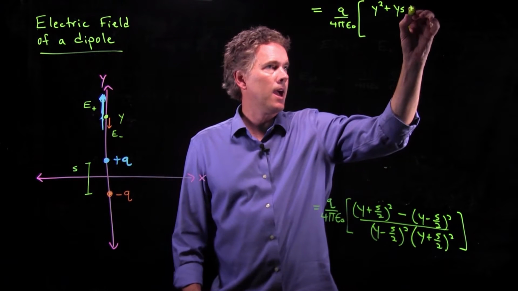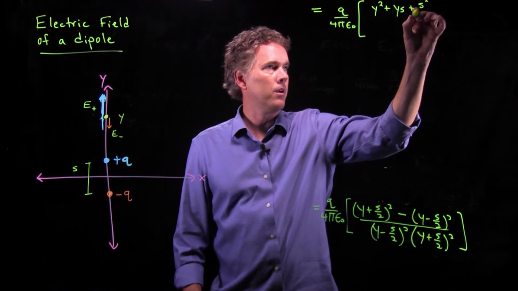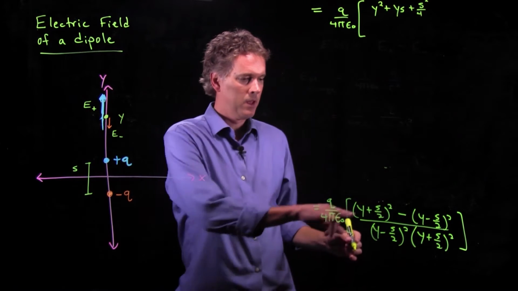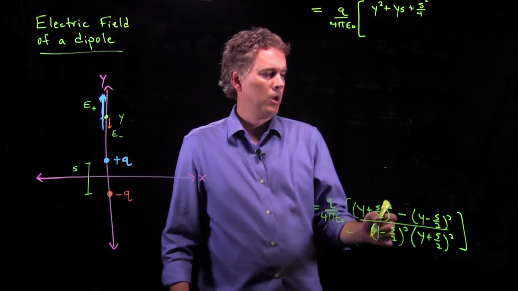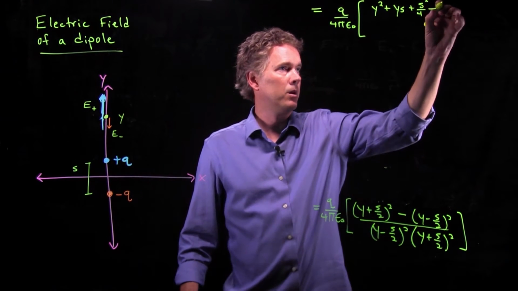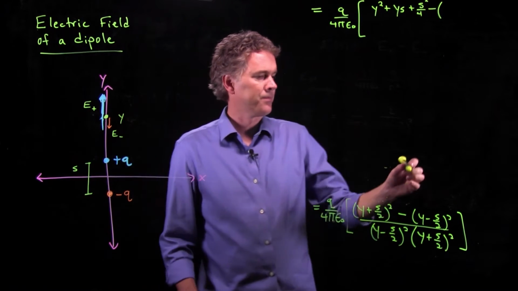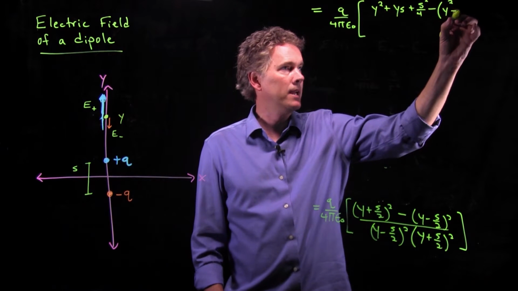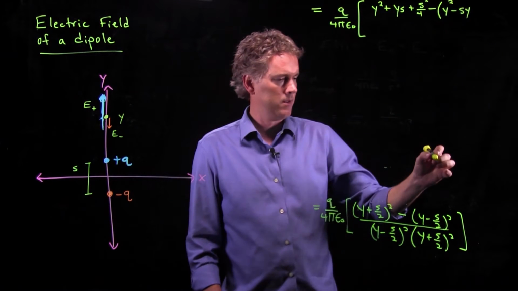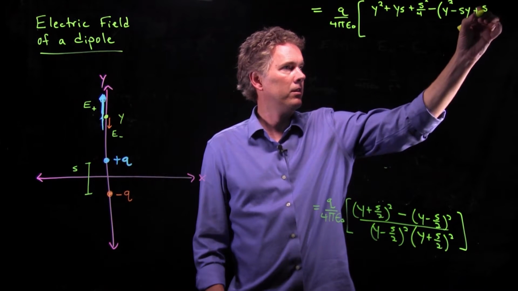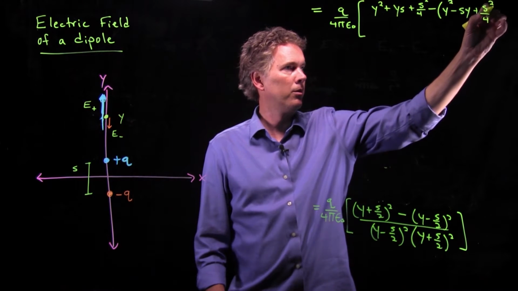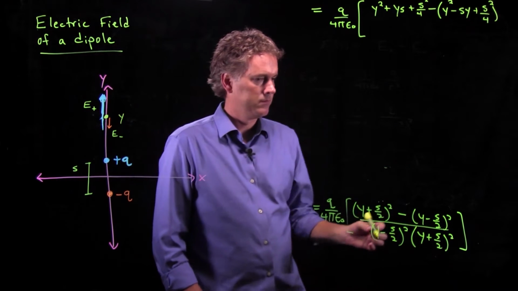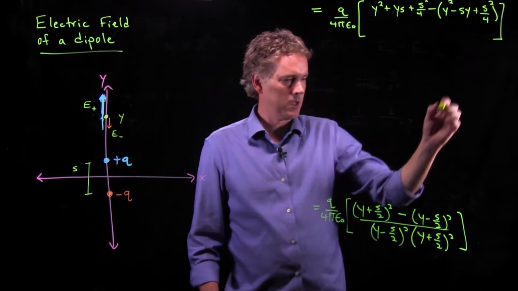And then I'm going to add s squared over 4. That's this thing squared. What about the second one? Well, we're going to subtract a y squared, a minus sy, and a positive s squared over 4. Okay, that looks pretty good.